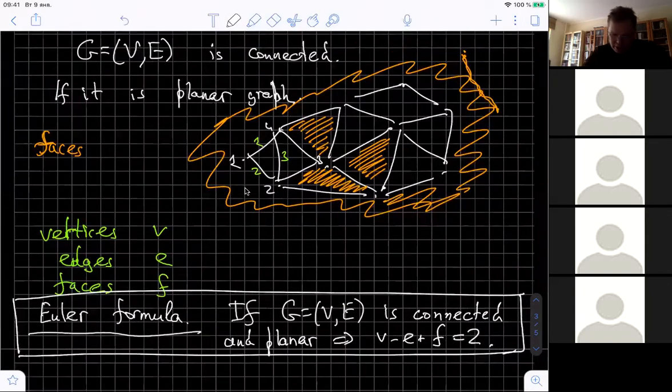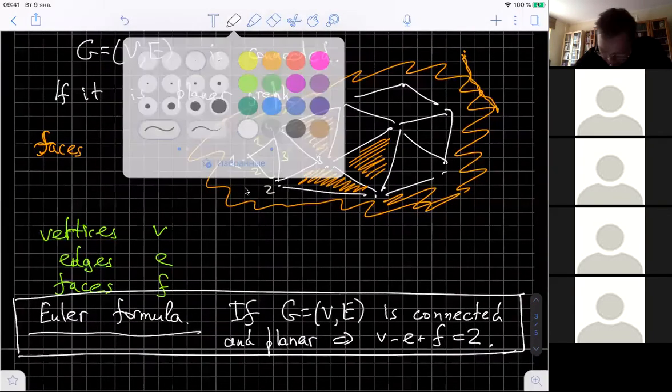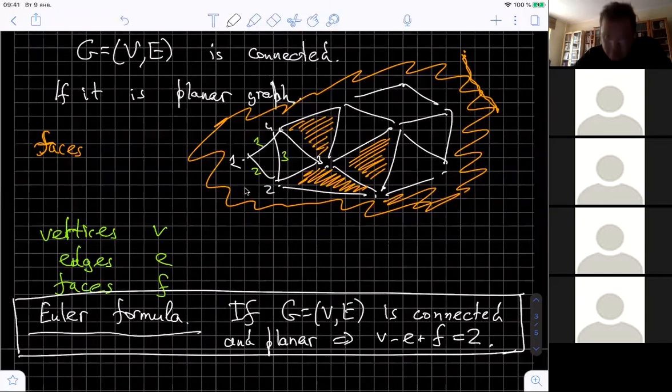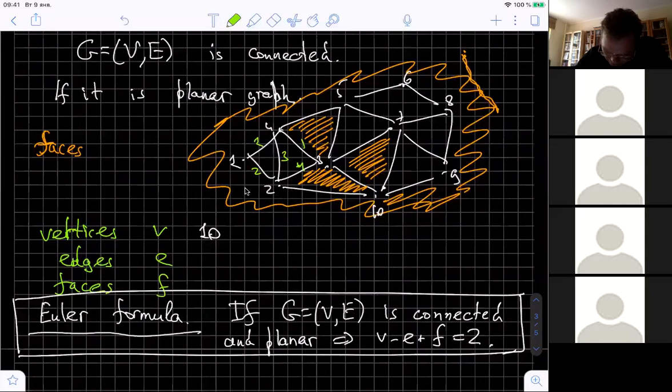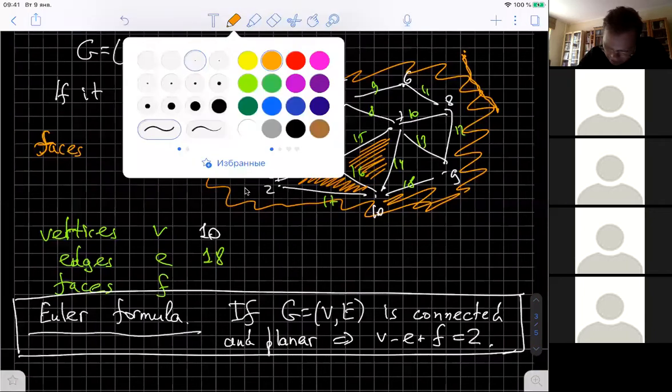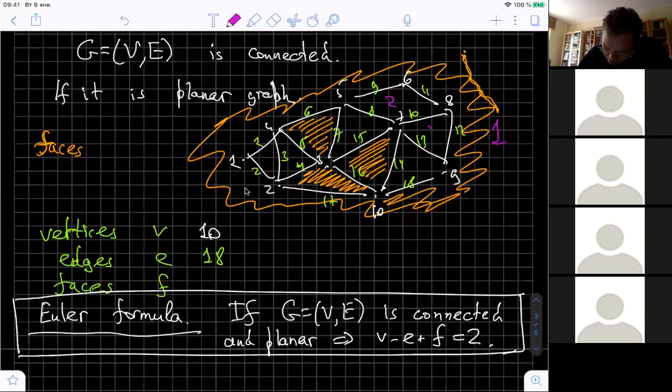So for example, here I can just calculate. How many vertices do I have? 1, 2, 3, 4, 5, 6, 7, 8, 9, 10. Edges will be 18, and faces I can find here 1, 2, 3, 4, 5, 6, 7, 8, 9, 10.